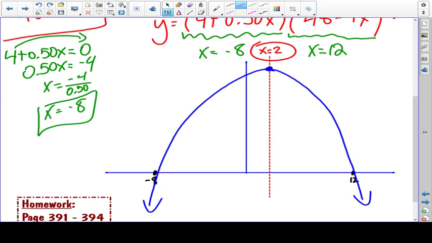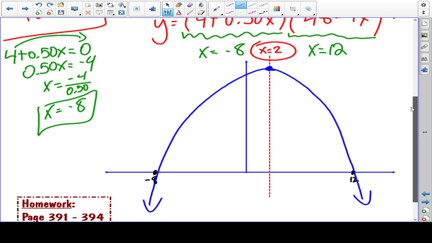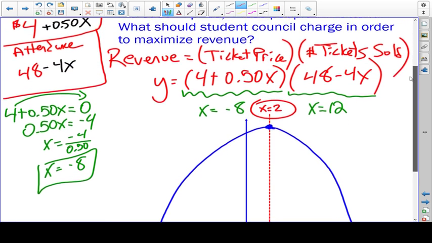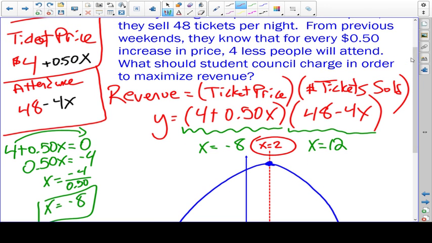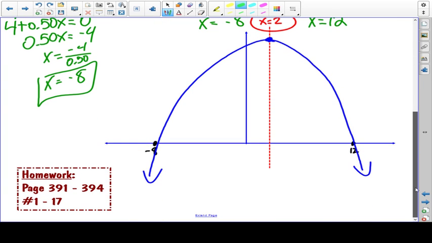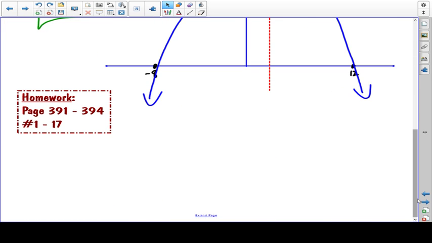So the ticket price is tied very closely to x equals 2. Okay? Because that's the number of times you have to increase the price to maximize revenue. So going back up here, we said that the ticket price was 4 plus 0.50 times x.